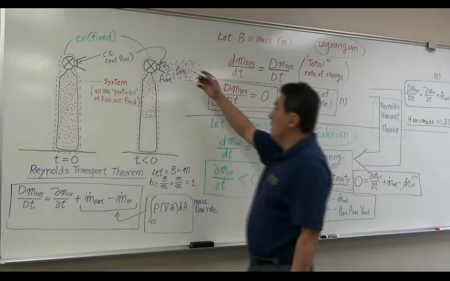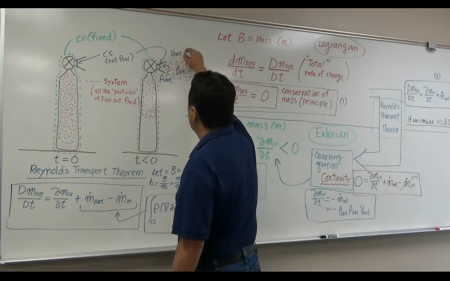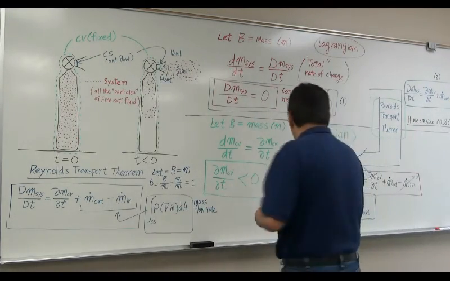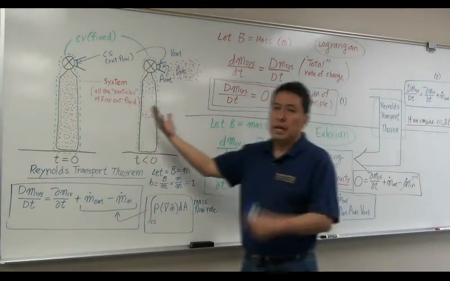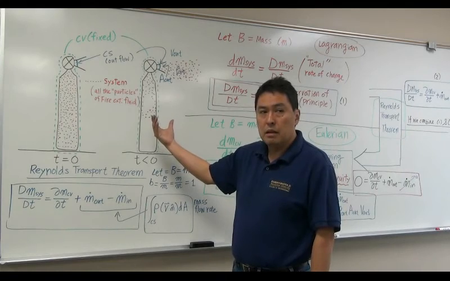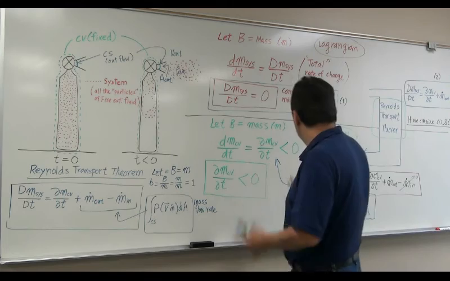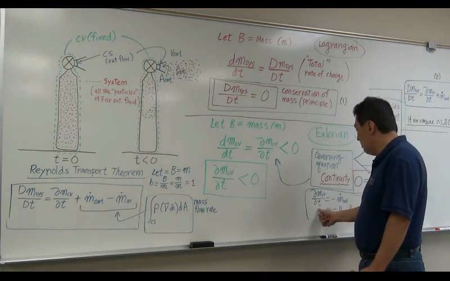And by the way, what is the average velocity across this cross-section, out? If that information is given, you can determine how much time it takes to empty out this tank, because you determine the mass flow rate across this control surface. The negative of that is the time rate of change of mass within the control body.